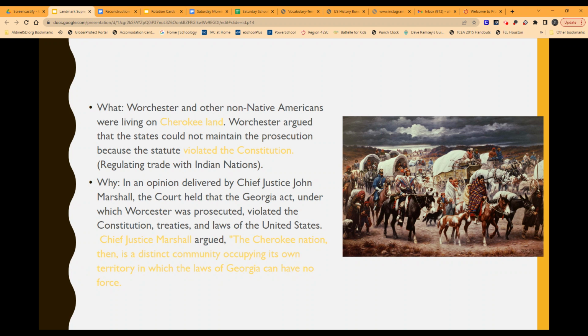Why? In an opinion delivered by Chief Justice John Marshall, the court held that the Georgia Act, under which Worcester was prosecuted, violated the Constitution, treaties, and laws of the United States. Chief Justice Marshall argued the Cherokee Nation then is a distinct community occupying its own territory in which the laws of Georgia can have no force.